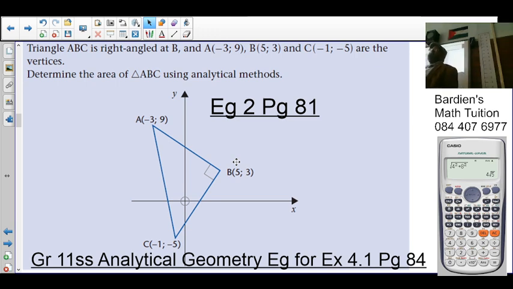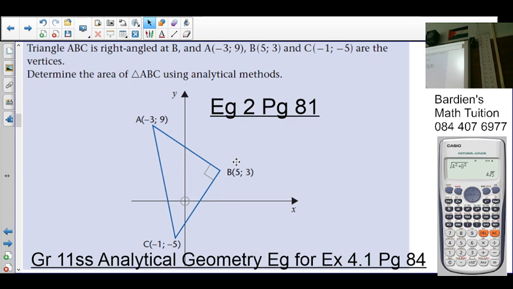How do you calculate the area of a right angle triangle? Half base times height. So what's going to be your base here? AC? Or is AC going to be your height? CB is going to be your base, and your height is going to be AB.